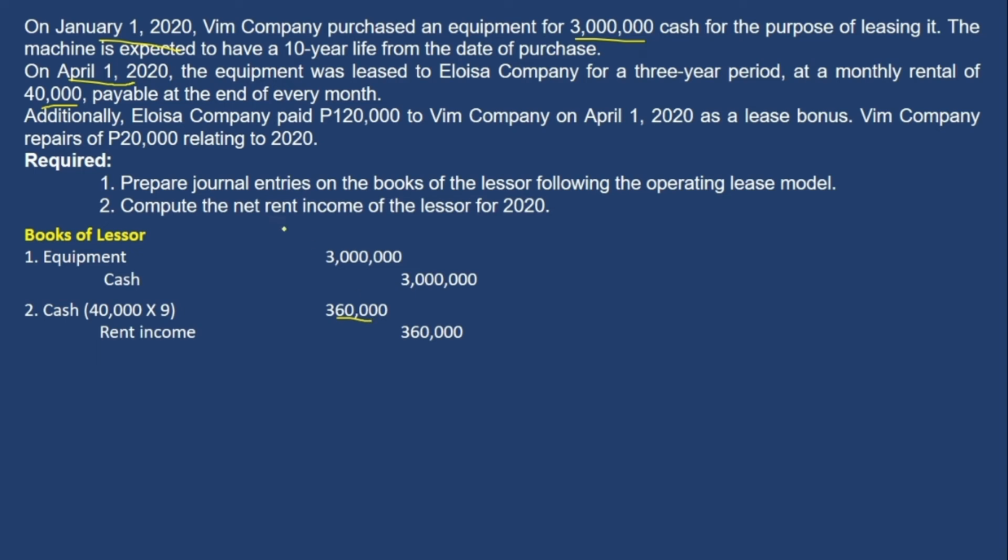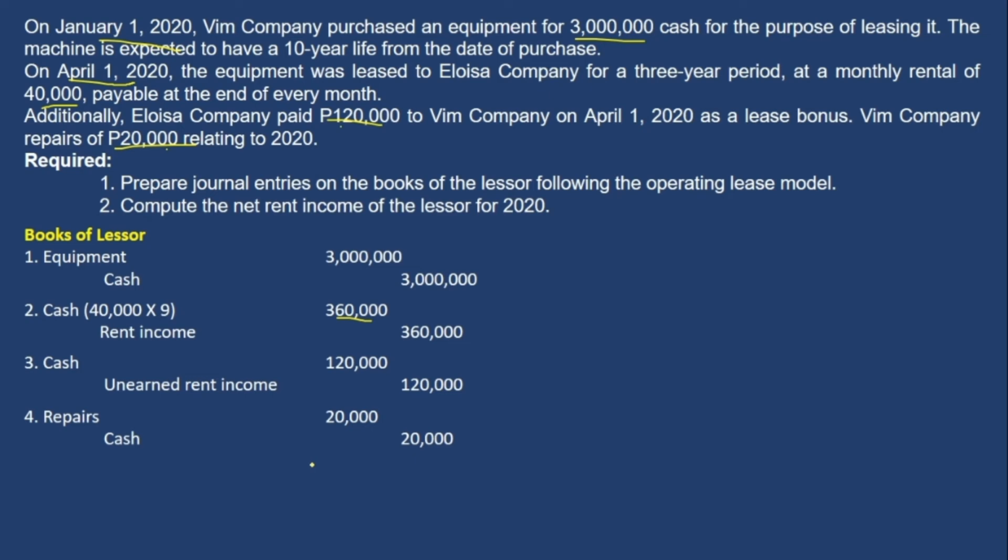The next entry is the lease bonus of 120,000. So, debit cash 120,000, credit unearned rent income 120,000. The next is the repairs of 20,000. So, debit repairs 20,000, credit cash 20,000.